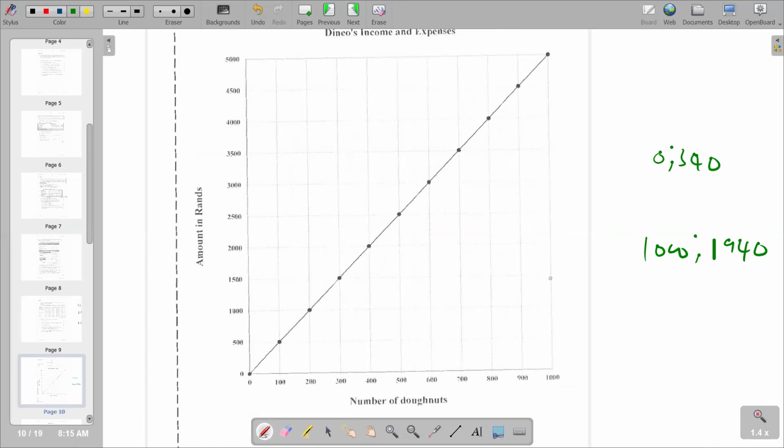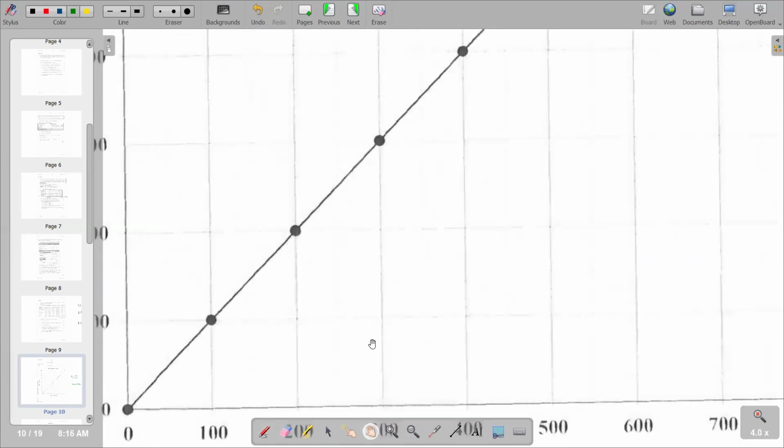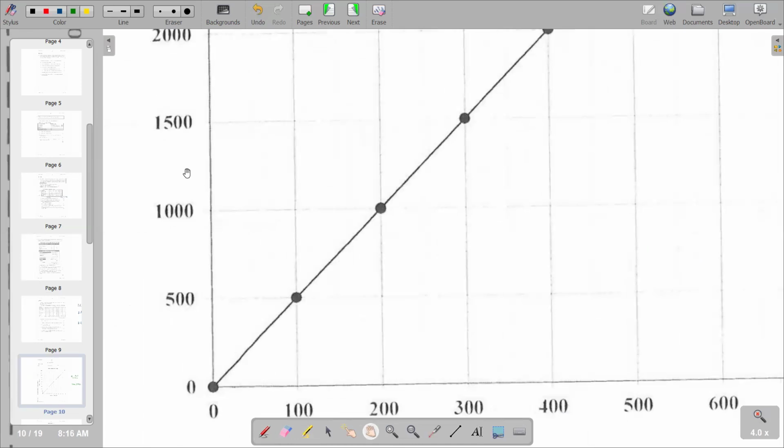In terms of number of donors, we have them on the horizontal axis, and then we have our amount in rands on the vertical axis. So let's start with the 0,340, whereby we have our 0 here, and then we check what we have there so that we can present our 340.